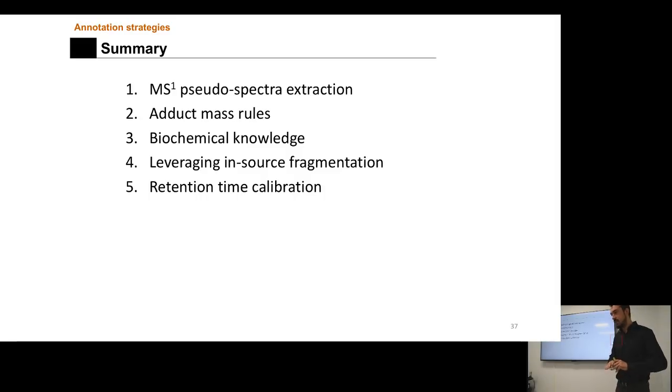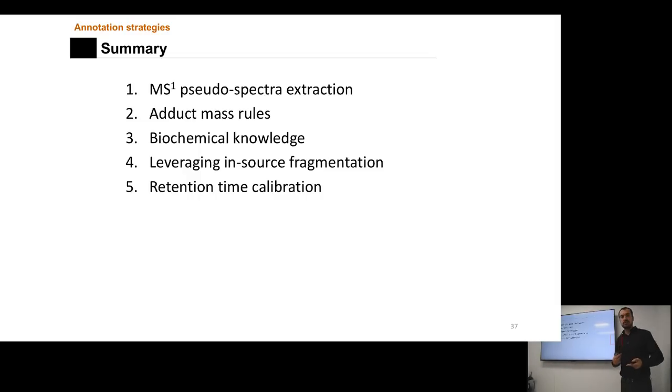Now, there are different strategies for metabolite annotation. We explained these different strategies in our last review this year; Erica is going to send you a link to the review in the chat. I'm going to cover these five strategies.